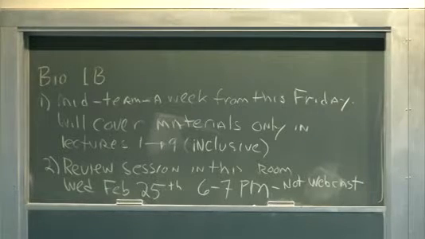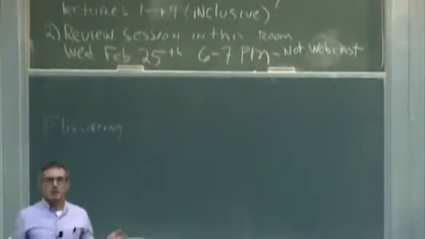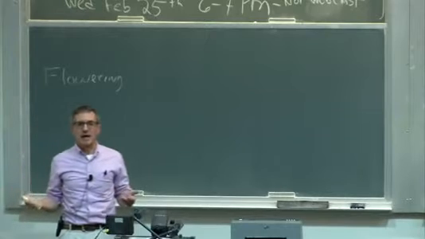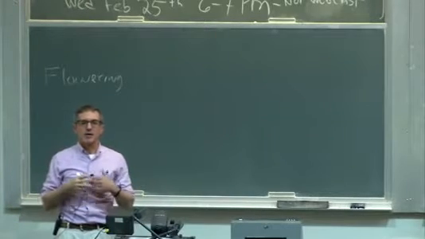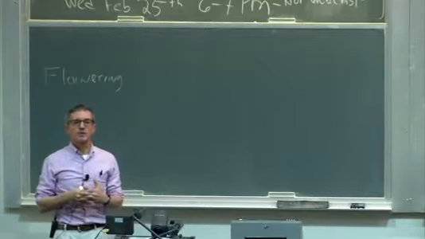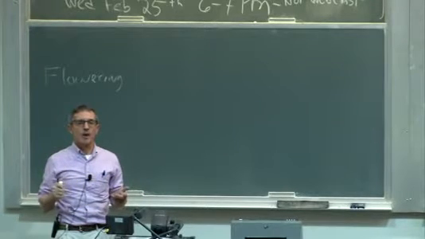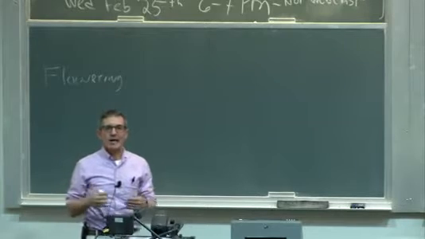Today what I'd like to do is to talk to you about what is arguably the most spectacular process in plants, and the process that most of you think about when you think about plants. That is the process of flowering. Now, the production of flowers by plants represents a tremendous transition in the development of a plant, because at this time, the vegetative pathway, which has been producing leaves and all of the primary tissues, ends.